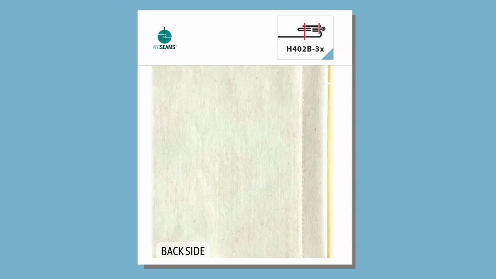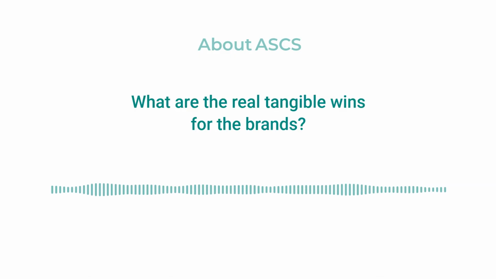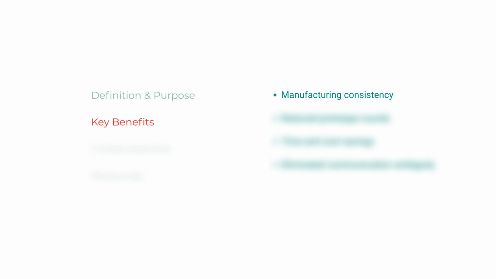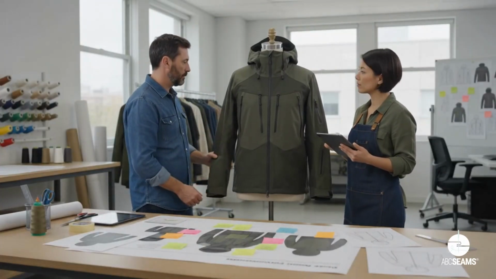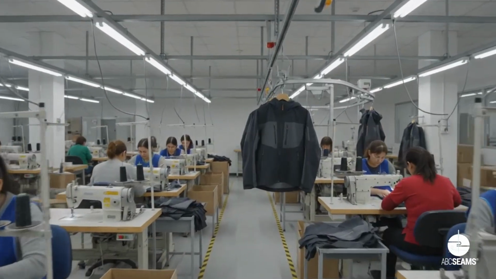So with all these different people using ASCS, what are the real tangible wins for the brands? The benefits for brands are very concrete. Like what? They use ASCS to guarantee consistency. Consistency between the tech pack, the physical samples they approve, and what finally rolls off the production line. Okay, that link is crucial. Crucial, and they see a big reduction in the number of prototypes needed for each style.